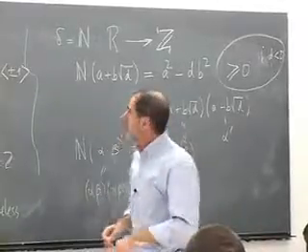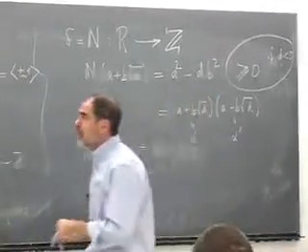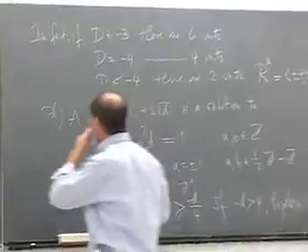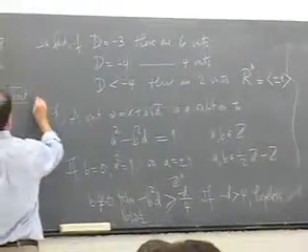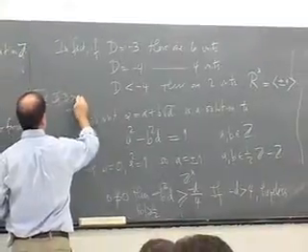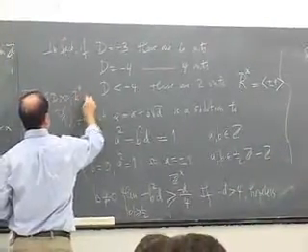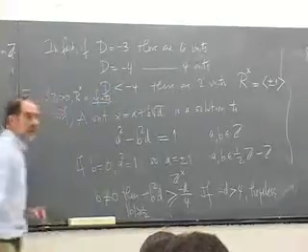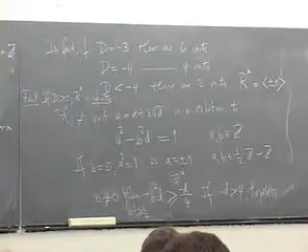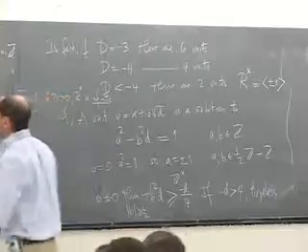And in fact, it turns out that if d is positive, there are always an infinite number of units. Fact, which I'm not going to prove: if d is bigger than 0, R star is infinite. And that gives a lot of headache. I'll give you an example. This first simple example.